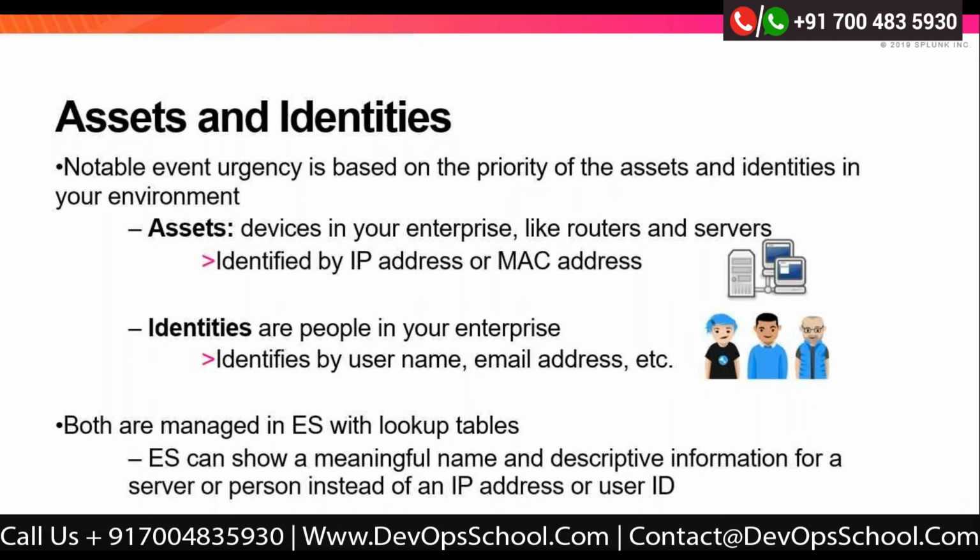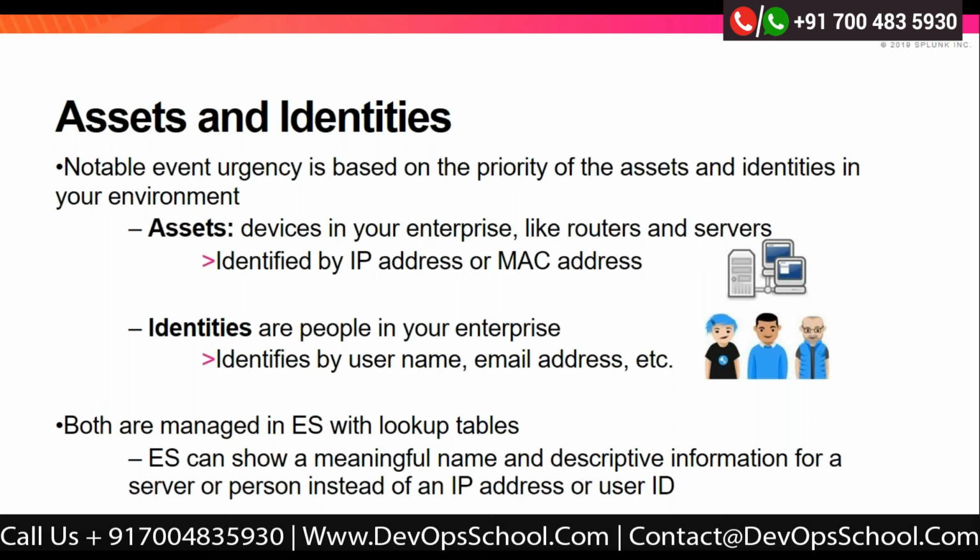Let me tell you how this can be done. Just as an example, if you have one asset for the VP of security and one for you, an L1 engineer, the VP asset will be more critical compared to yours, right? So these assets can also help us come up with the urgency of the event.